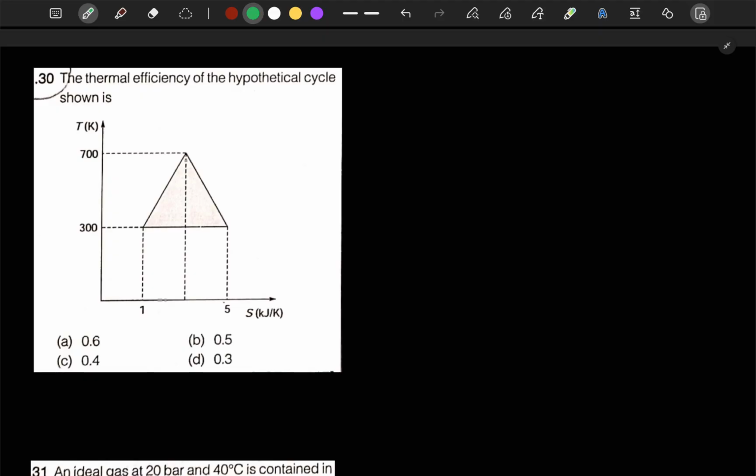So thermal efficiency or performance of the cycle will be given by desired effect upon heat supplied or energy input. Desired effect upon energy input.